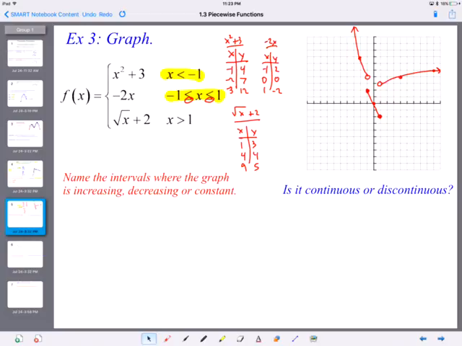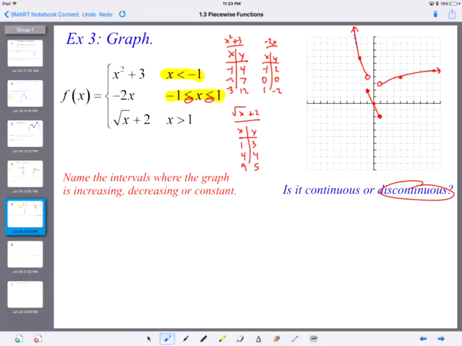And once again, it's still a function. It passes the vertical line test. You're just graphing in different sections of your domain. So is this one continuous or discontinuous? Well, you can see all the breaks in the graph on this one, definitely discontinuous. And as we read from left to right, what is happening?